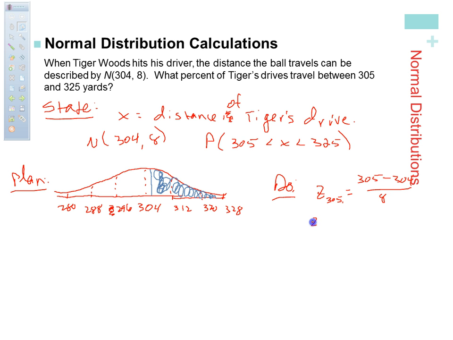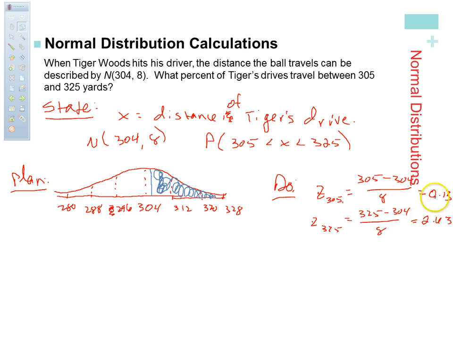And I got to do the same thing for 325. So I take 325 minus 304 and divide it by 8. When I do that, my z-scores become 0.13 and 2.63. I think that's right.